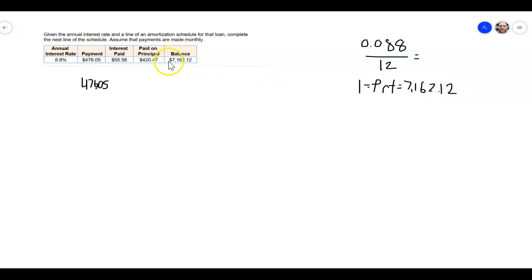That's the remaining amount left that we're buying, times our rate, which is 0.00733 repeating. So I'm just going to write a little arrow up there, times the time in years. This is an annual rate, so we're just going to do times 1. So it's really just this times this.